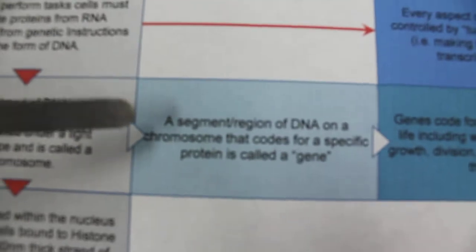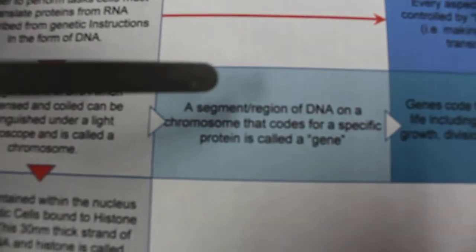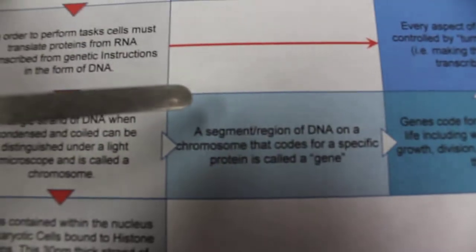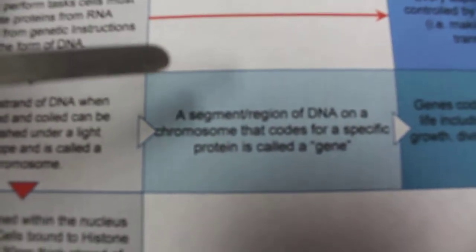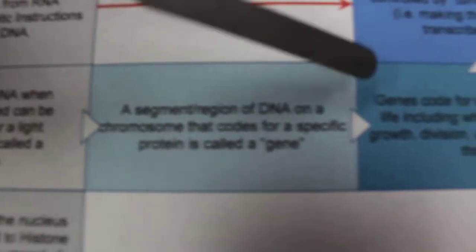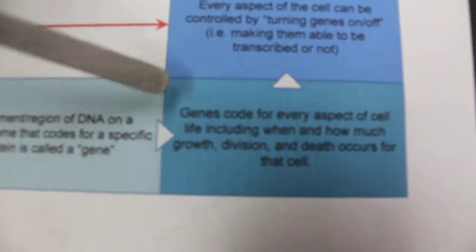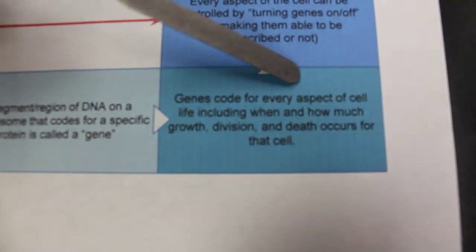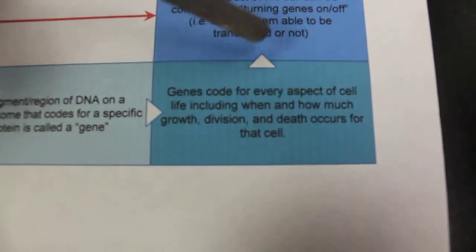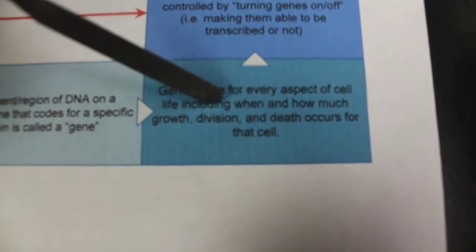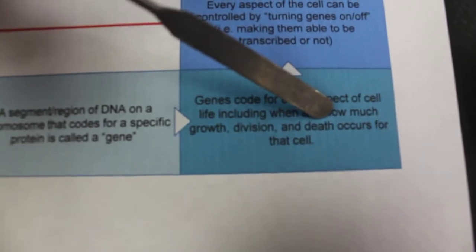All right. A segment or region of the DNA on a chromosome that codes for a specific protein is called a gene. Now, genes code for every aspect of a cell's life, including when and how it will grow, divide, and die.